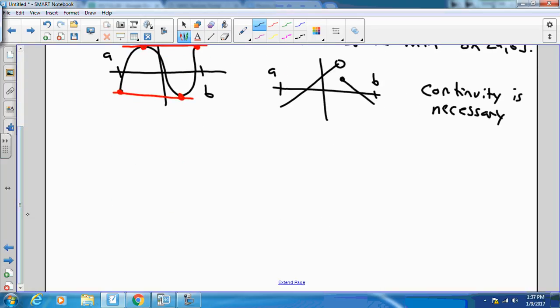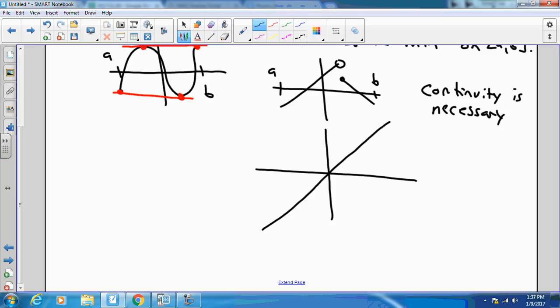But it's also necessary for the interval that we're talking about to be closed and bounded. In other words, it has to have an endpoint a and it has to have an endpoint b, and those endpoints must be included in the domain. So for example, if I have f of x equals x on negative infinity to infinity, it's pretty clear that f of x is continuous, but it also is pretty clear that it doesn't have a max.